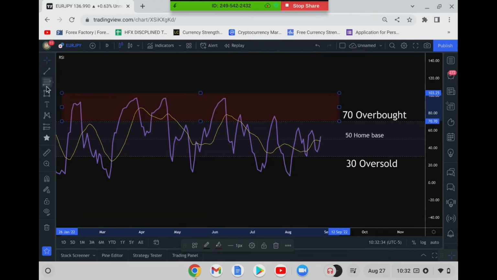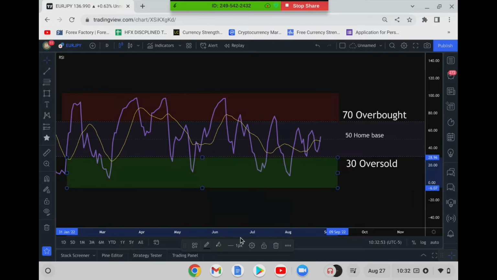Now, when price comes below our 30 line, again with price represented by our purple RSI, we're going to take this as an indication that price is currently oversold and ready to buy.